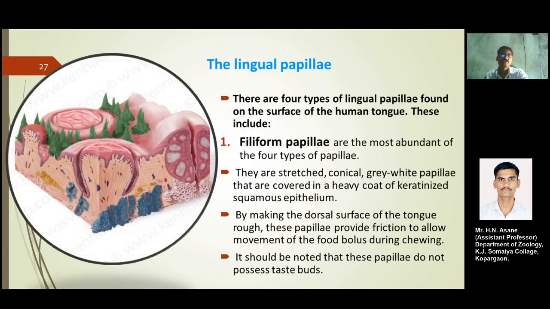As you can see, there are four main types of lingual papillae found on the surface of the human tongue. The very first is the filiform papillae. As you can see in the picture, these conical structures arise around the circumvallate papillae. They are the most abundant of the four types of papillae.